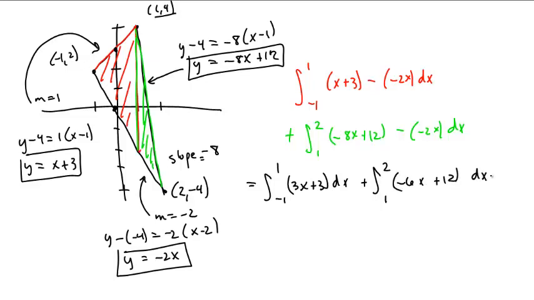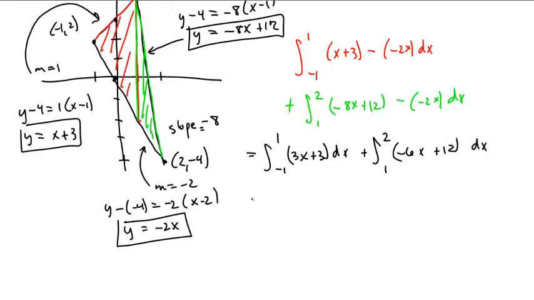Now, some of you may be tempted to add these two functions. You cannot add these two functions because we are talking about definite integrals with completely different limits of integration, from -1 to 1 and from 1 to 2. If both were from -1 to 1, we could combine them, but we can't. We have to do these separately.